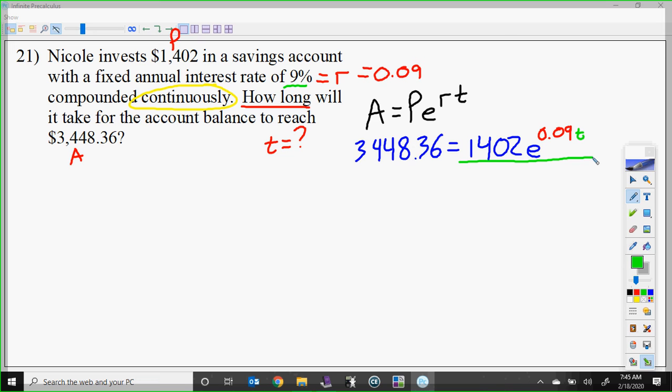And when you're doing these problems, whenever you know both A and P, your first step is always going to be divide A by P. So if I know both A and P, I'm going to start off by dividing both sides by P. So A divided by P. Okay. So let's see, what does that give me?